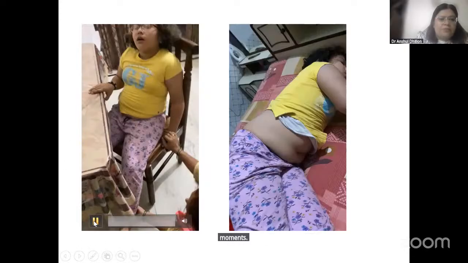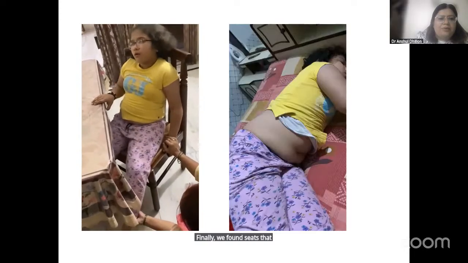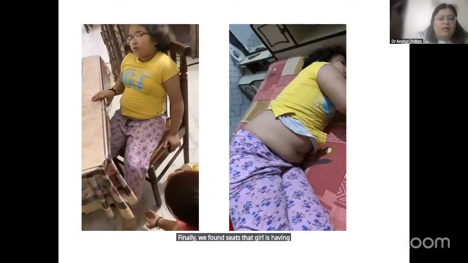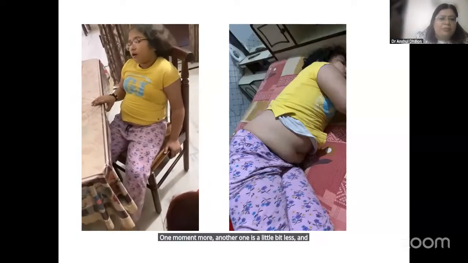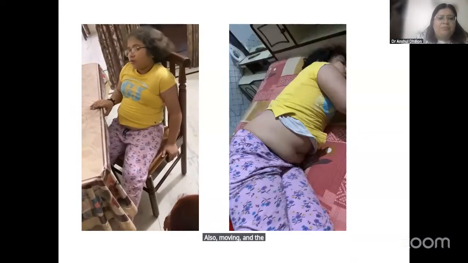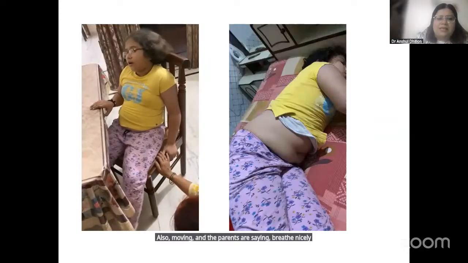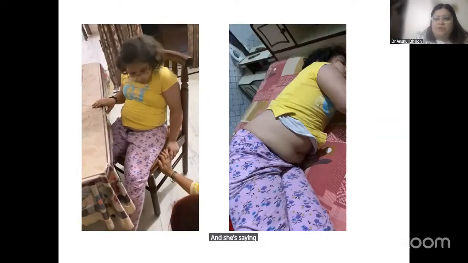The girl has one movement more, another a little bit less, and her pelvic floor is also moving. The parents are saying, breathe nicely, and she's saying, yes, I am breathing. She's not losing her consciousness here.